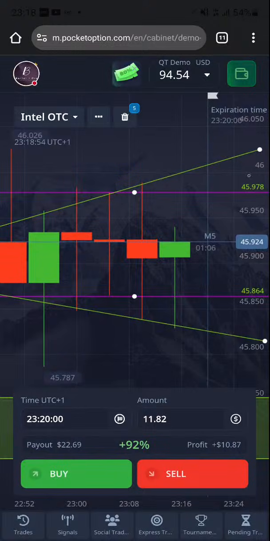What I mean by round number, you see this 46 here. This is the line for the 46 line. If price comes up here and breaks this 46 line, you can take a trade immediately with the sellers. What we're expecting to happen is that to pull back and give you a winning trade. If price comes down here and comes to this 45,800 down here, we can take a trade with the buyers and it will pull up and give us a winning trade.